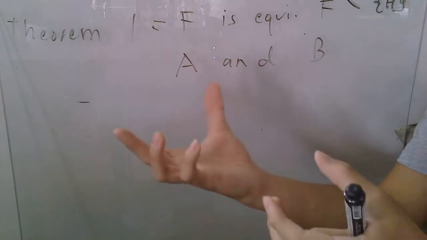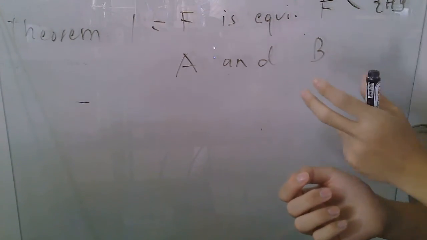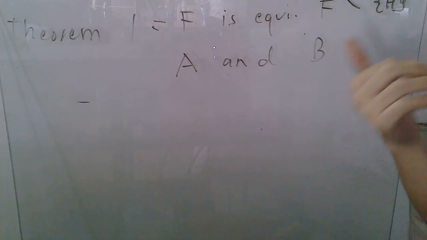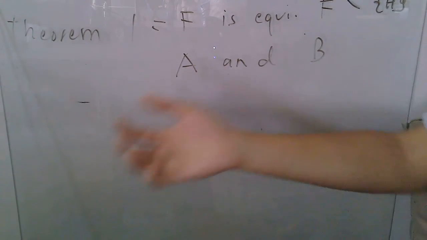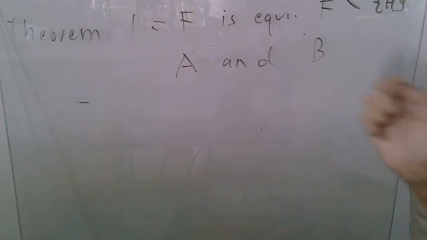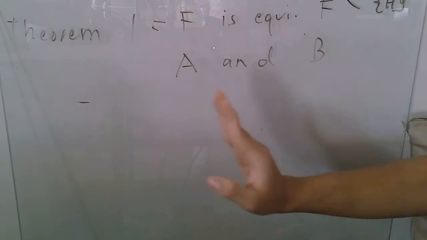That's why we call it equivalently decomposable. If we separate this into some minute pieces, we can rearrange them to get B exactly, and their area or volume is exactly the same.